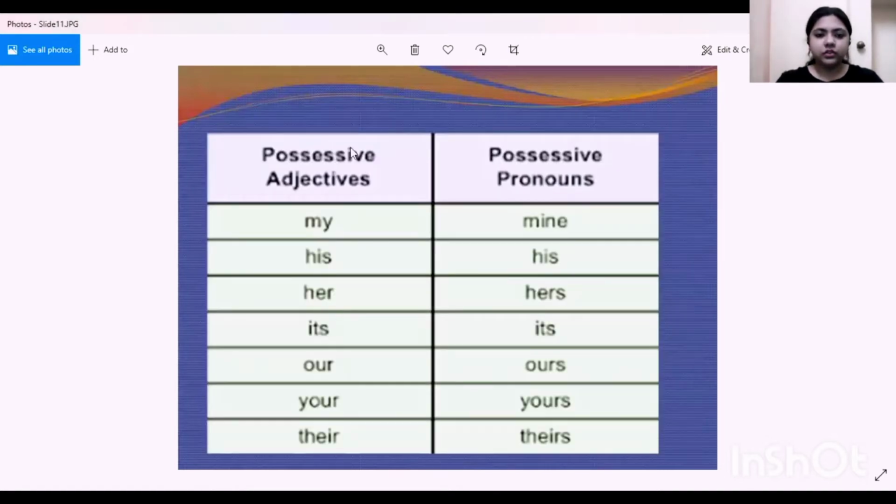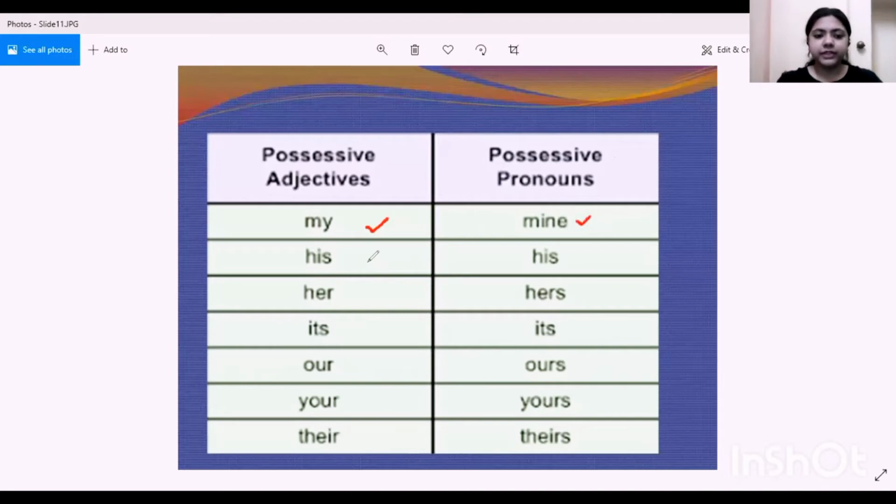Okay. So now moving on, you can see the possessive adjectives on the left side and possessive pronouns for the same thing on the right. When "my" is used, that shows that it is a possessive adjective. My will always be followed by a noun. It needs a noun in order to make sense. Whereas for possessive pronoun, we use mine.